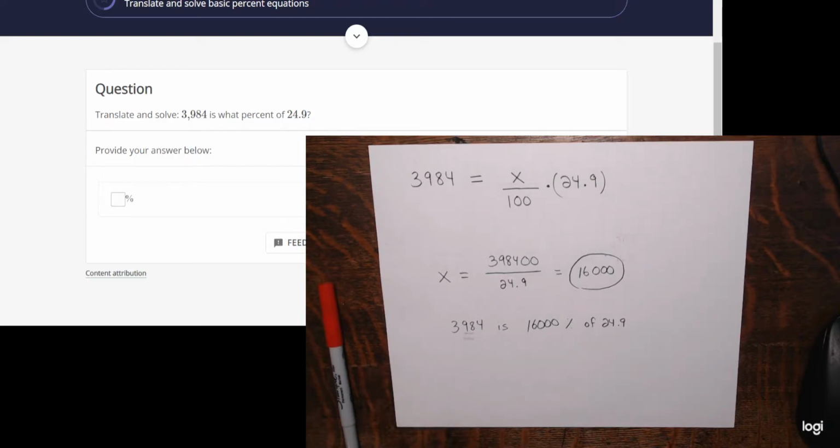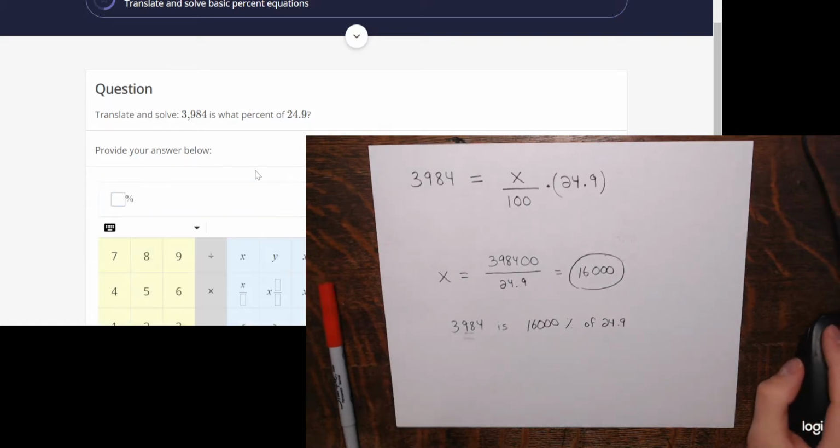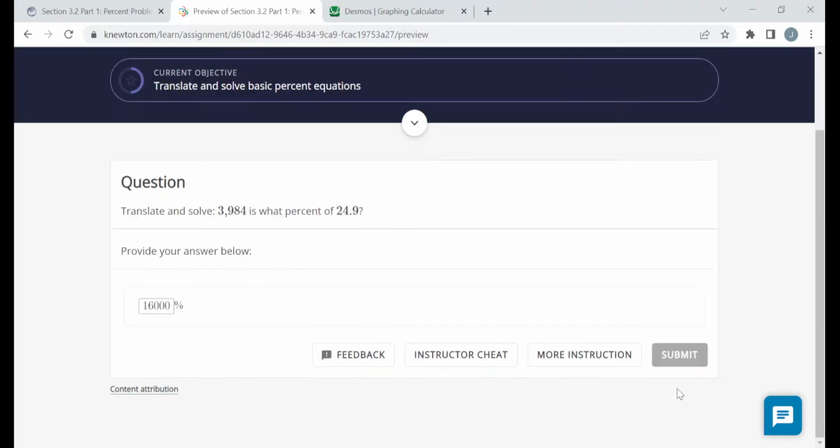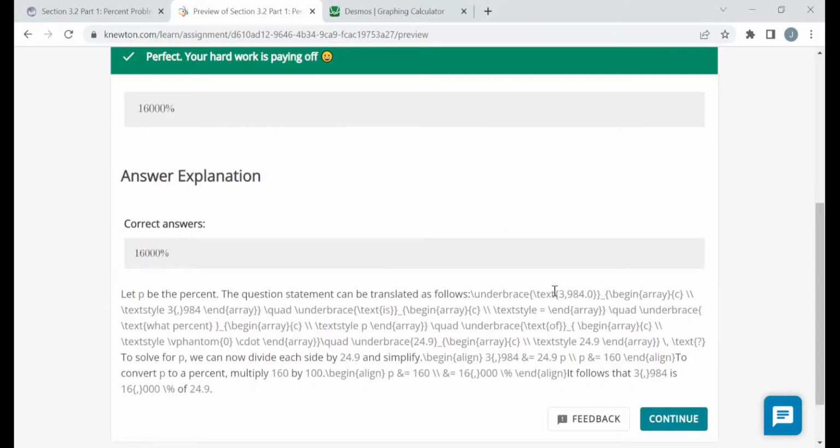And you can double check that with a calculator, or do it by hand. 24.9 times 160 is 3,984. So 16,000% is what I'm entering back in the assignment. Great.